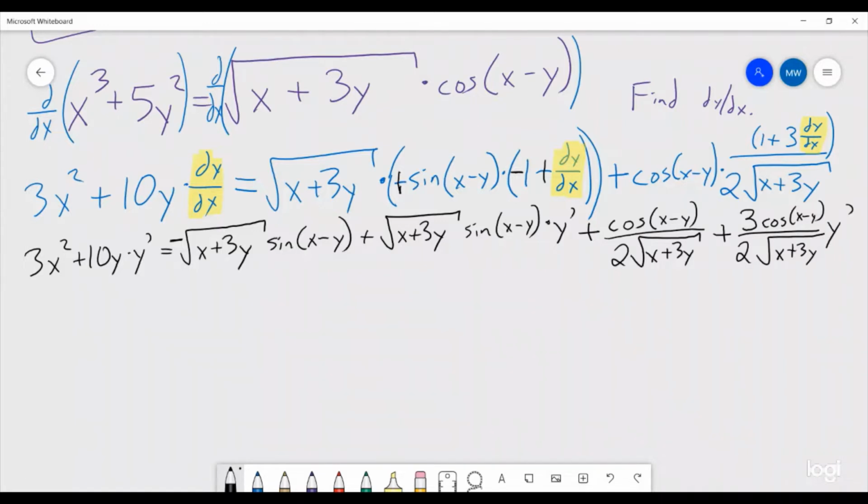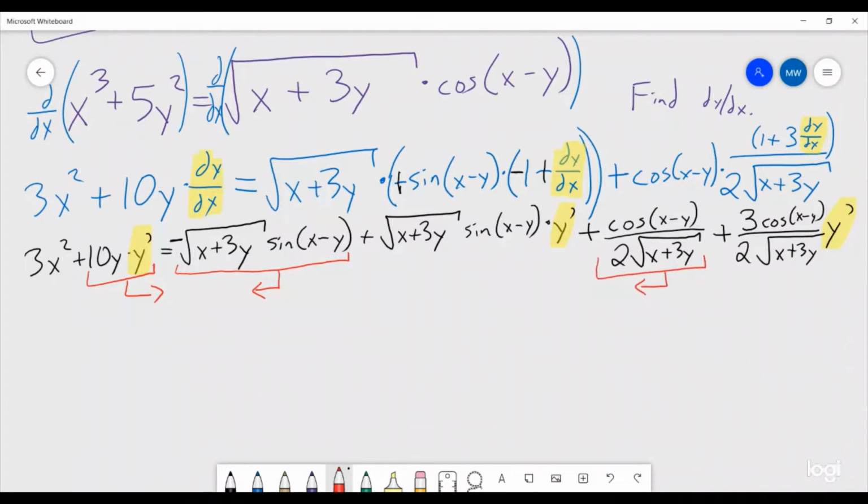So we have all of those pieces, and now we are going to try and get this y prime and this y prime to all be on the same side. So since we already have two on one of the sides, let's take this piece and move it that way, and we will take every piece that does not have a y prime and move it to this other side.